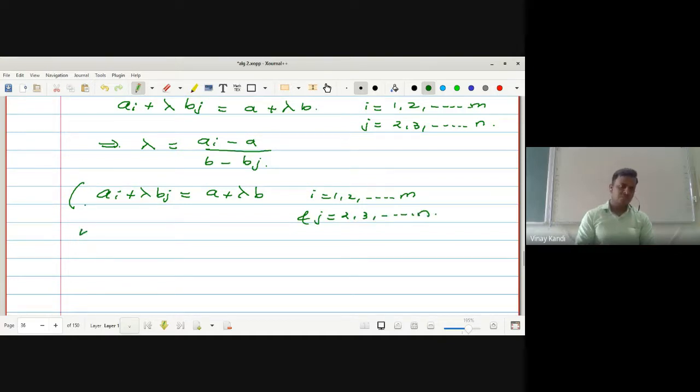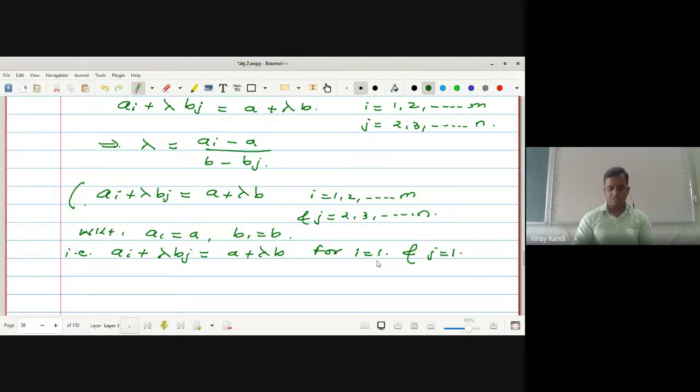We know that a1 is equal to a and b1 is equal to b. That is, ai plus lambda bj is equal to a plus lambda b for i equal to 1 and j equal to 1.